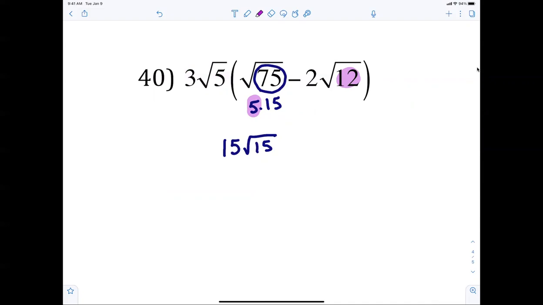So this, I want to make sure I'm clear, is 4 times 3. What's the square root of 4? 2. Now there's a 2 right here, correct? So that's a 4. So if I wanted to, I could have written this as 4 radical 3.